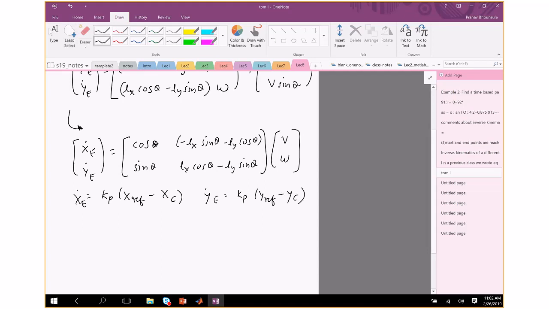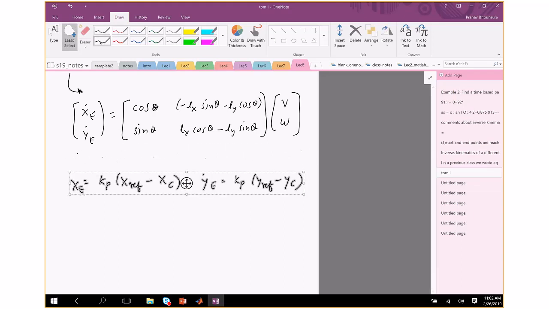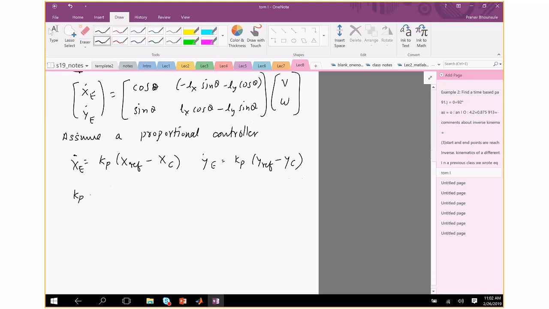So what does this mean? Kp is the proportional controller gain. Okay, kp is a constant, a user defined constant.